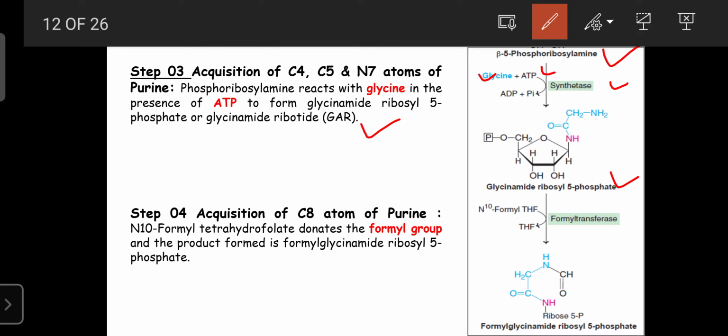Further, that is step 4. In step 4, a carbon atom is added at the 8th position of the purine ring. That's why it is named the acquisition of the C8 atom of purines.